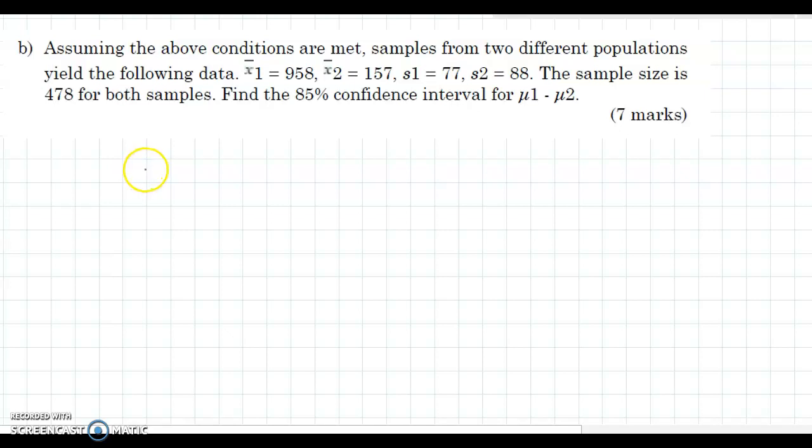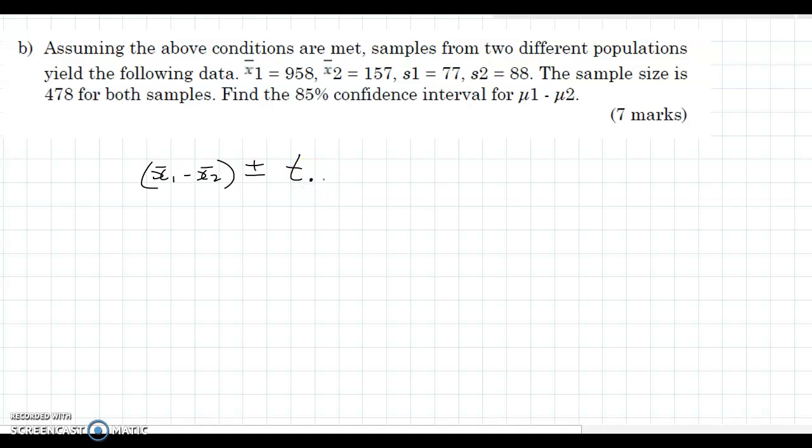Looking at the back of the exam sheet, I'm going to go with a formula like this: x bar 1 minus x bar 2. That's going to be our estimate for mu1 minus mu2, and then we're going to need the standard error, so it's going to be plus or minus our t-stat multiplied by something like our standard deviation.